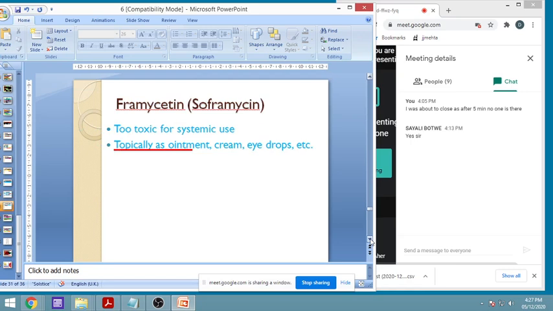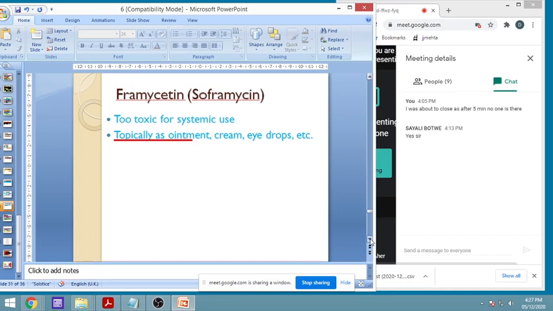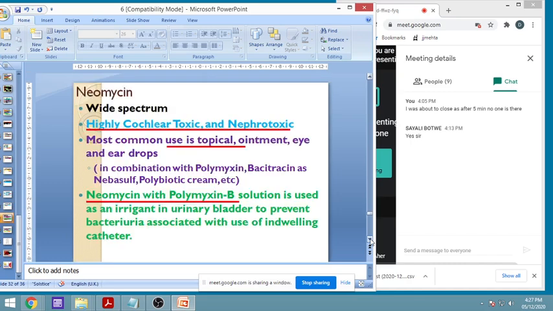So remember, paromomycin and spectinomycin, although they have similar structure, their set of use is totally different. Framycetin, I already told you, is very commonly called soframycin. It has very high adverse effects and therefore it is not used systemically, but it is used as an ointment, in very popular ointments, creams, eye drops, even powder. So it is used in various topical formulations, in various wound or eye infections. Then next is neomycin.